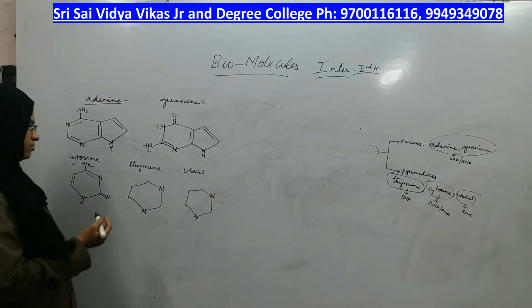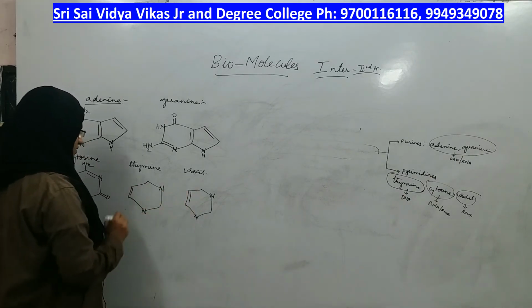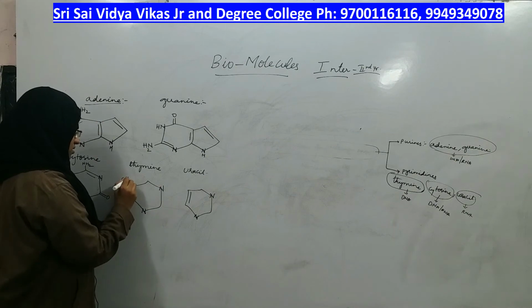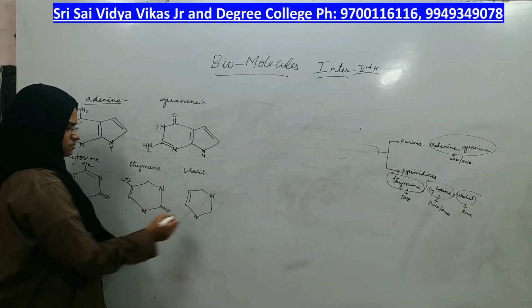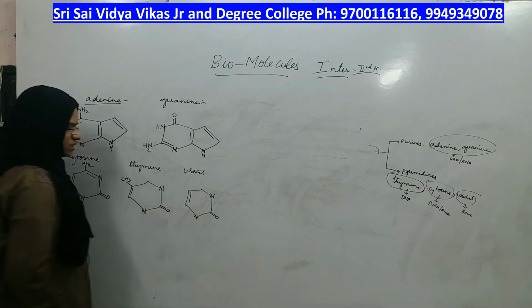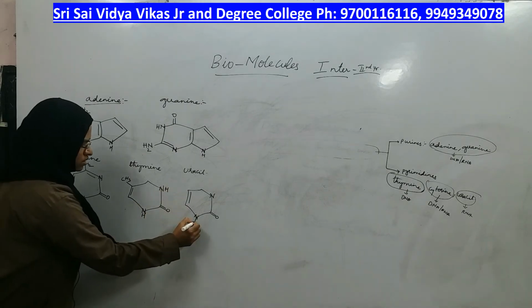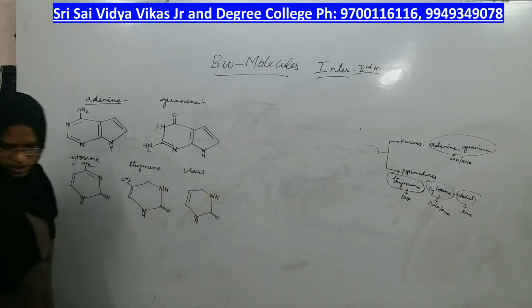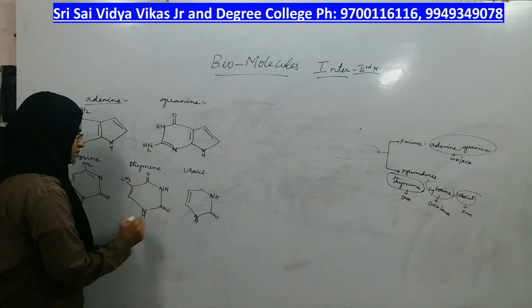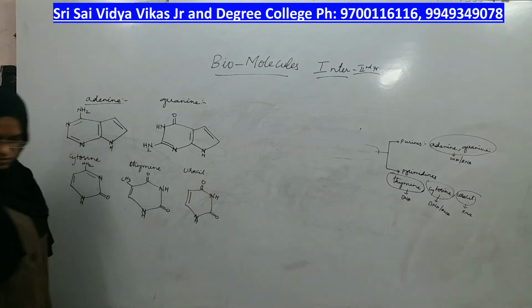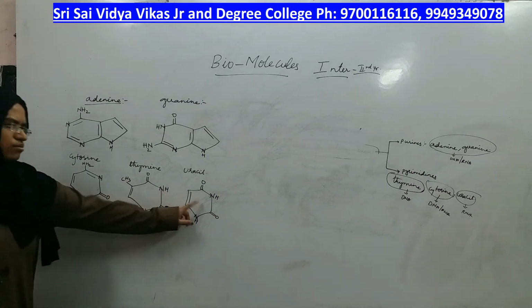Now going to thymine. Here, this bond is always present here as well as here. Here there is a CH3. Here there is no CH3. Everything is the same. Here also hydrogen, here also hydrogen, here also hydrogen, here also hydrogen. But there is no extra NH2 group present in both.